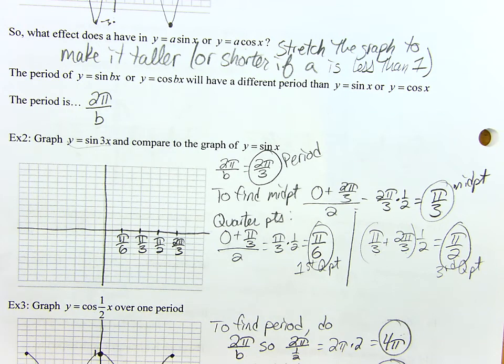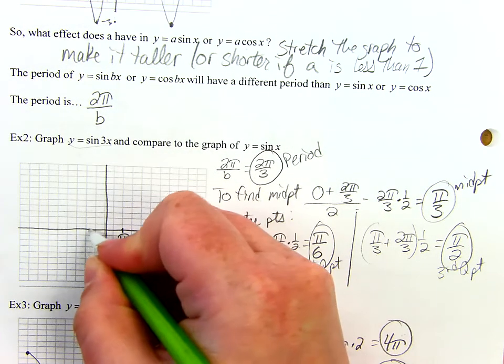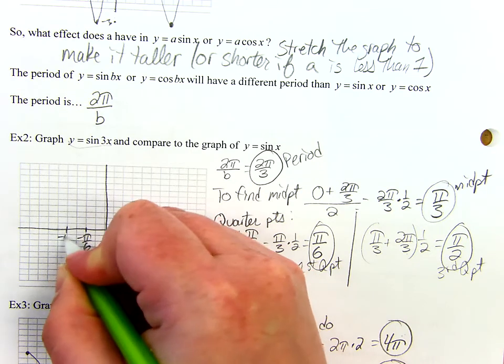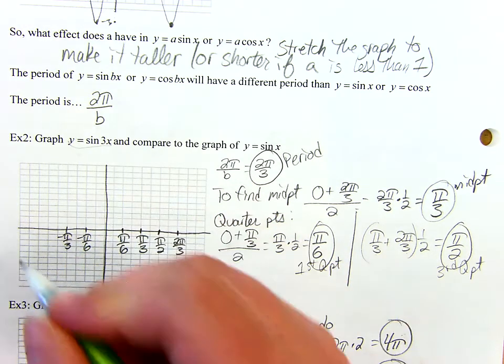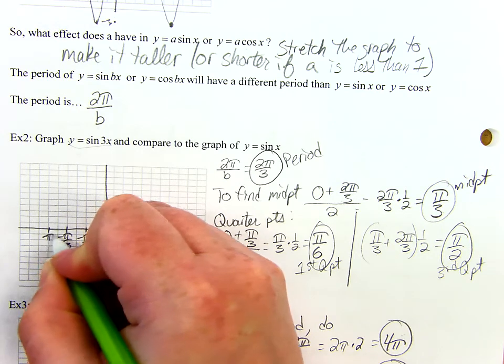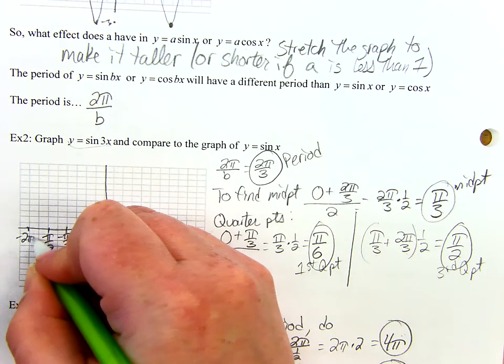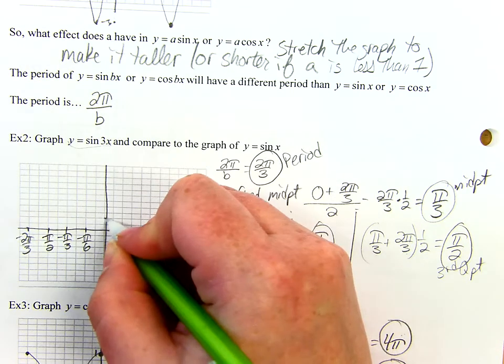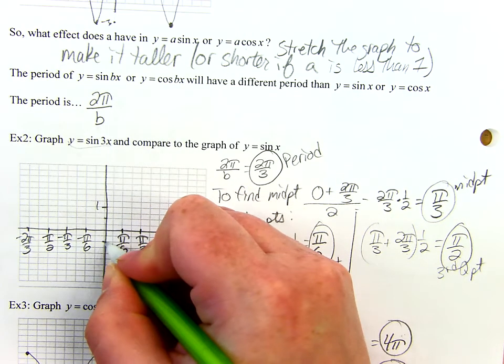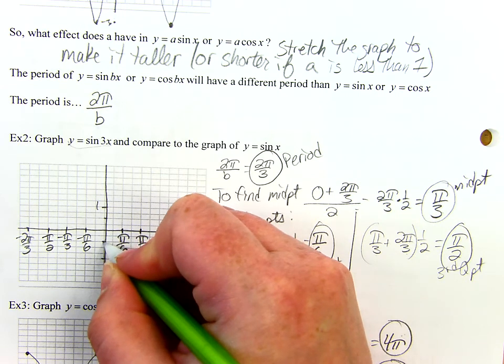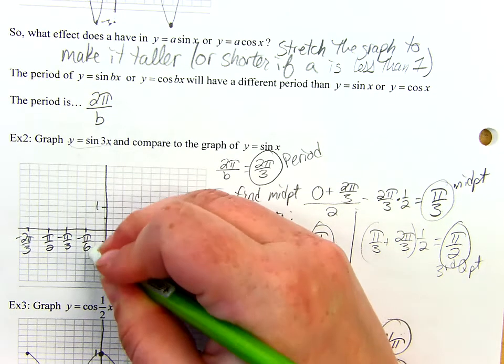Okay, and we're doing a sine, oh yeah, same thing on the negative, sorry. Go up to a positive 1 and down to a negative 1.